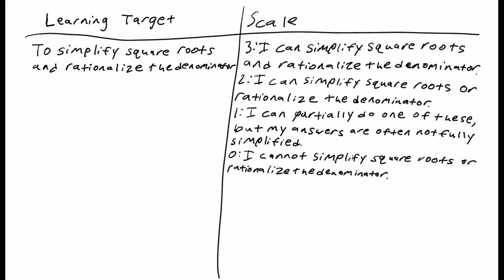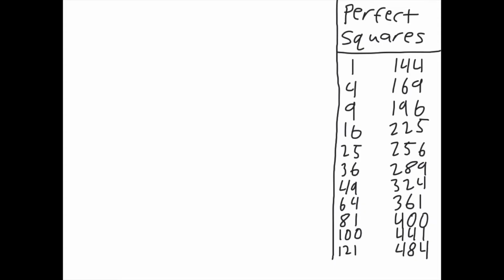Let's get started. All right, before we start with simplifying square roots, we're going to need to use the perfect squares. So, in case you don't know your perfect squares, here's a list. Perfect squares are numbers that are a result of a number being squared, or a number multiplying by itself.